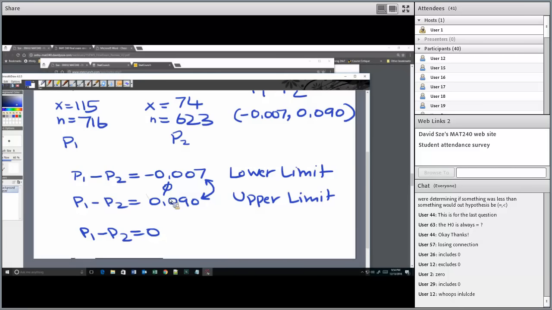So obviously 0 is in between them, right? It's included in the interval. So 0 is believable, and I can say that P1 could equal P2, right? So if you were to do the hypothesis test, then you would not be able to reject the null hypothesis, because P1 could equal P2, because 0 is included. The 0 is the key.